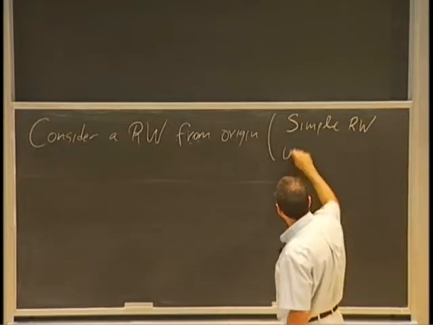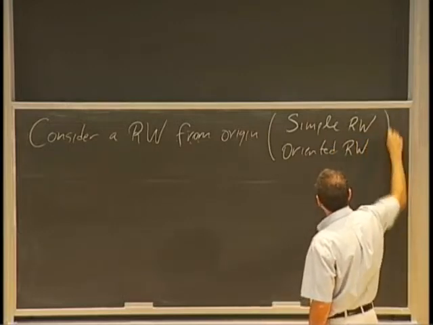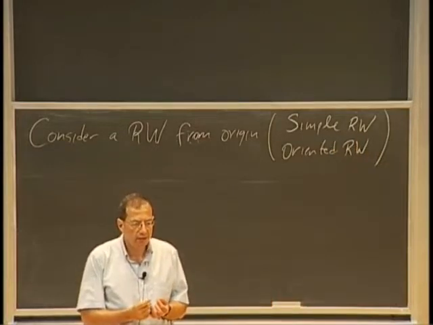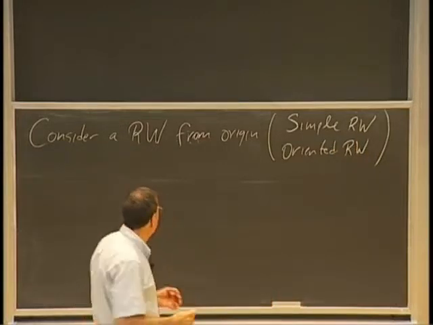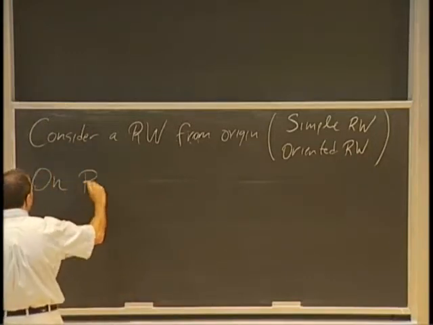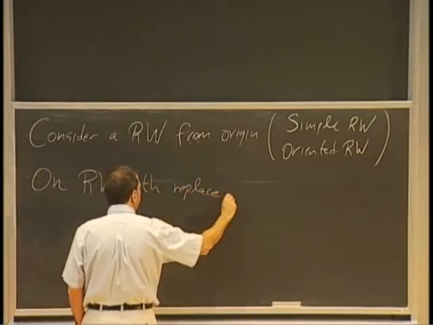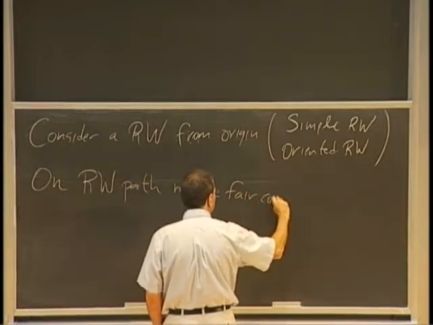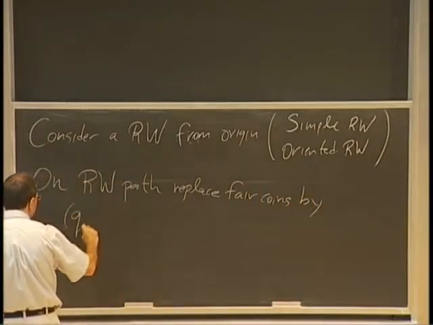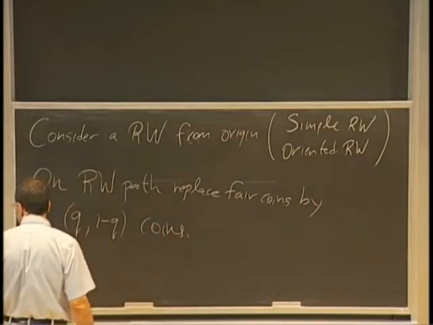A biased or oriented random walk is another, where in the oriented random walk, you just choose one of the d coordinates uniformly at random and increase that coordinate. Okay? So we have this path, and on the random walk path, replace the fair coins by coins that have probability q, 1 minus q coins.